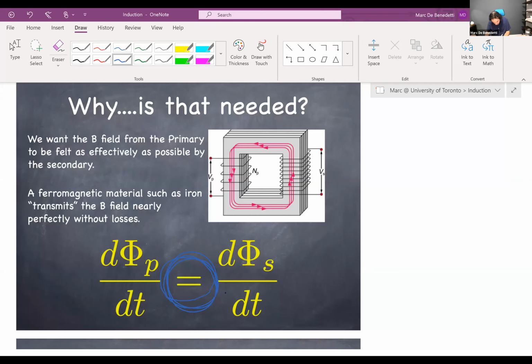So this equality here is not a law of nature.